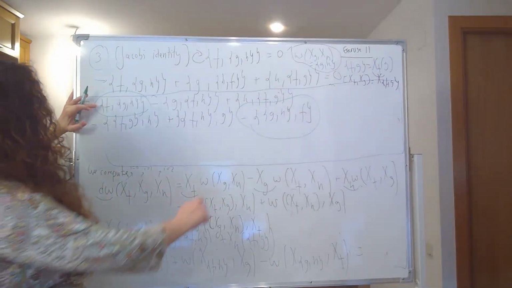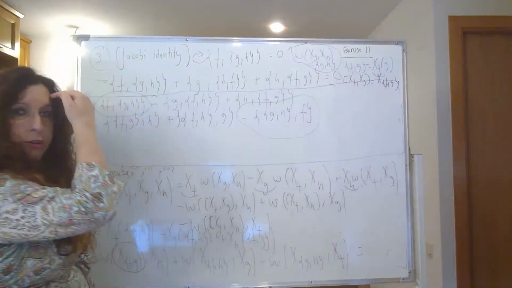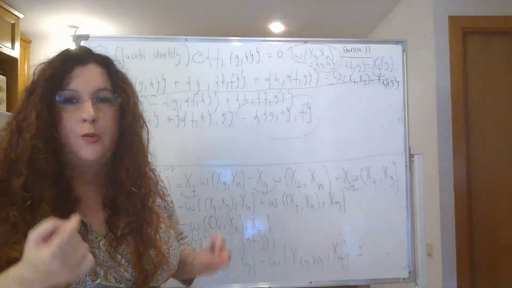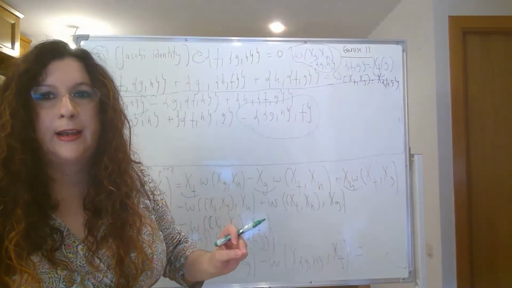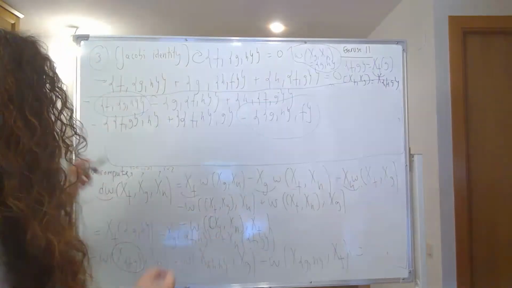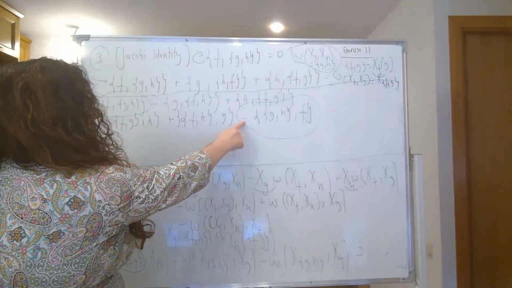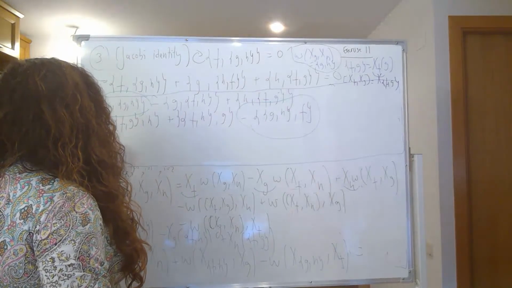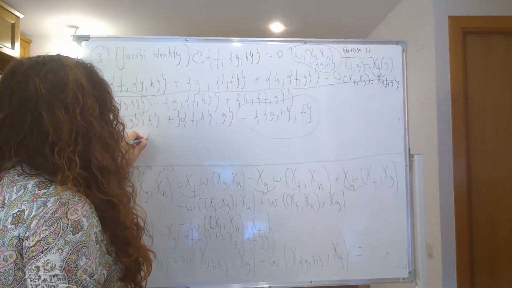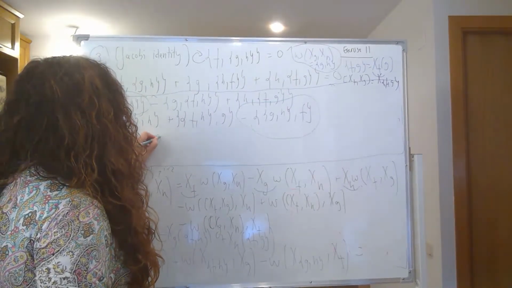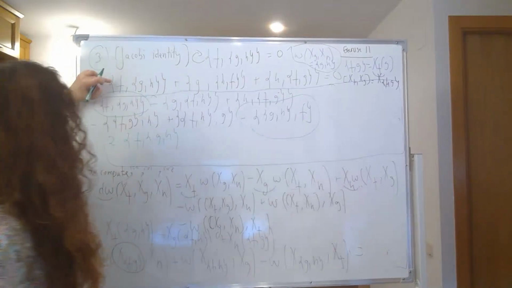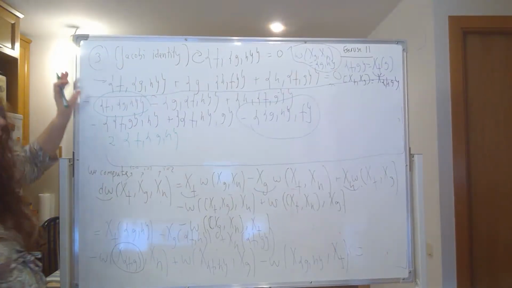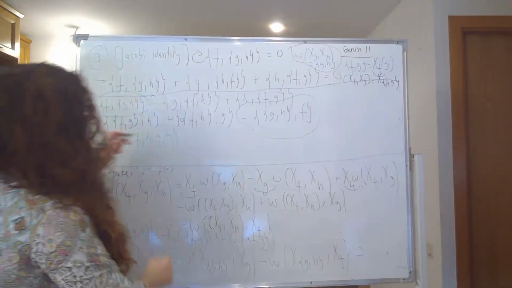I'm going to pair this guy with this guy. And I'm going to use the first property, which is that the Poisson bracket is antisymmetric. So this means that I can change this sign to a plus, and that this satisfies by 2 F G H. So we have this first term, you see, and we have it twice.